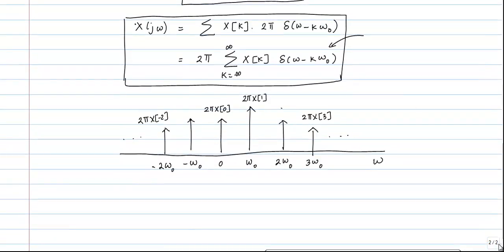Okay, now let me work out a couple of examples. So let's look at the signal x of t equal to cosine omega naught t.